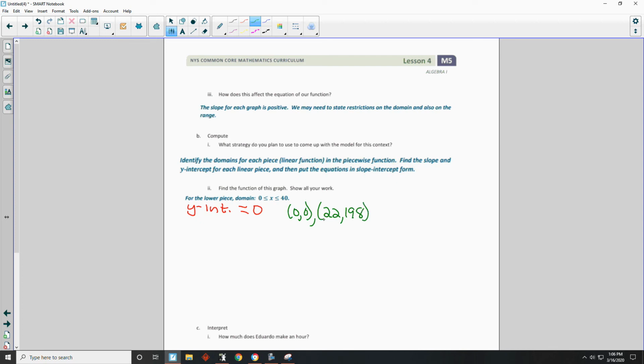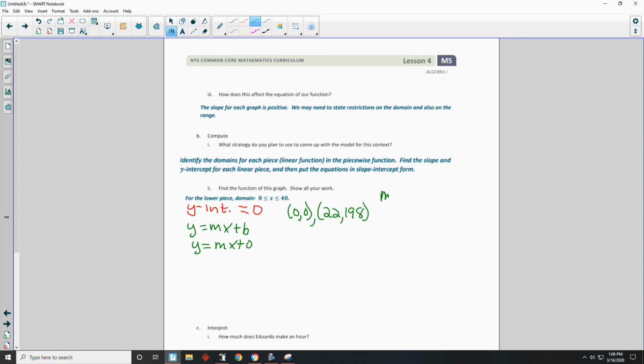Now remember, when we want to find the slope, our equation is y equals mx plus b. And we know our y-intercept is 0, so it's just going to be y equals mx plus 0, or just mx. Now I need to find the slope.